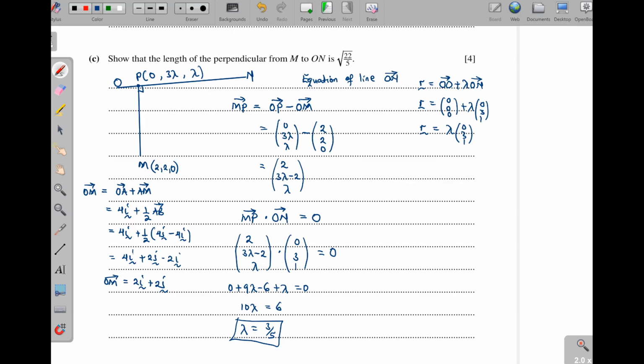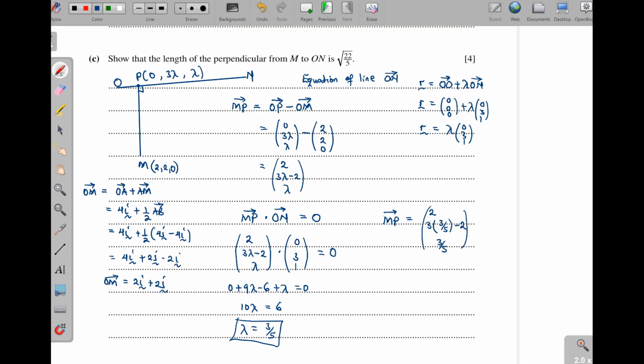After getting the value of lambda, they want the length of the perpendicular. So we need to get this MP here, then we get its length. So that means MP shall be equal to, remember it is here, so we have negative 2, then 3 times lambda is 3 over 5 minus 2, and then 3 over 5.